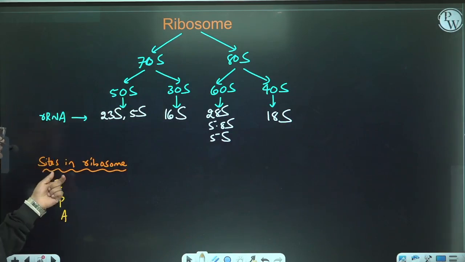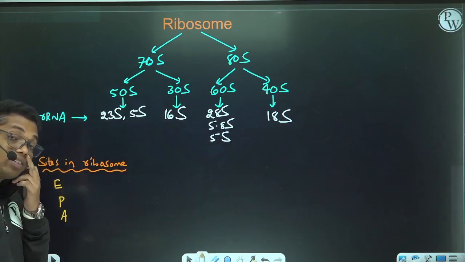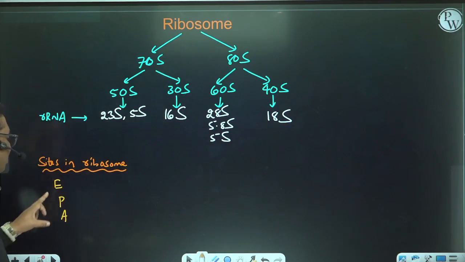And what are the sites present in the ribosome? 3 sites are there. E is the exit site.